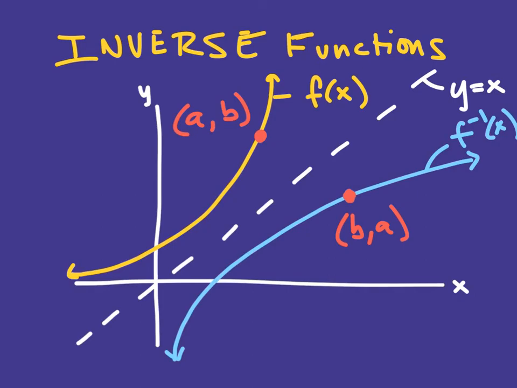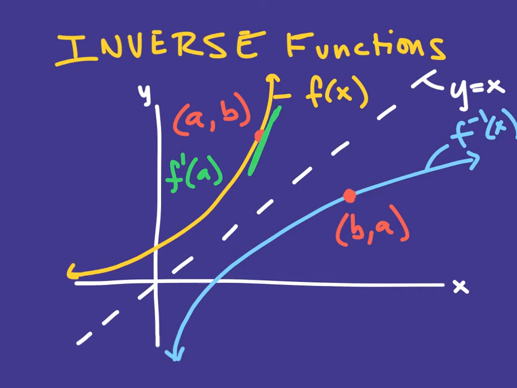Remember, all I'm doing for an inverse function is switching x and y. Now, if I find f prime of a, that's the slope of the tangent line at a.